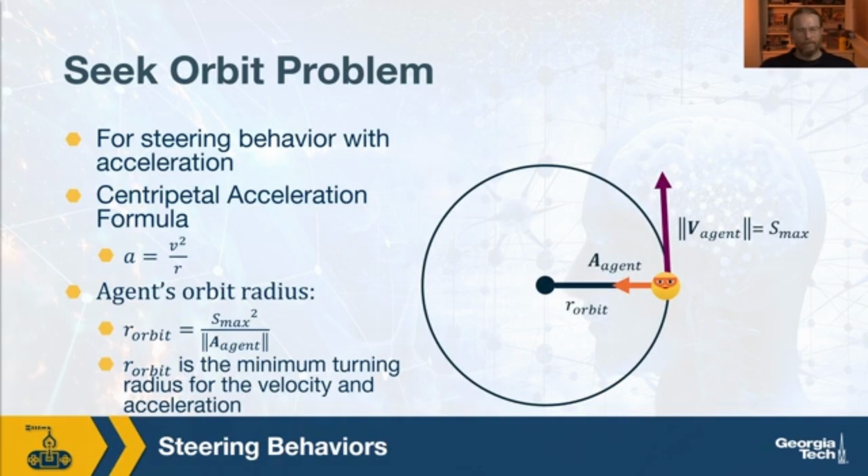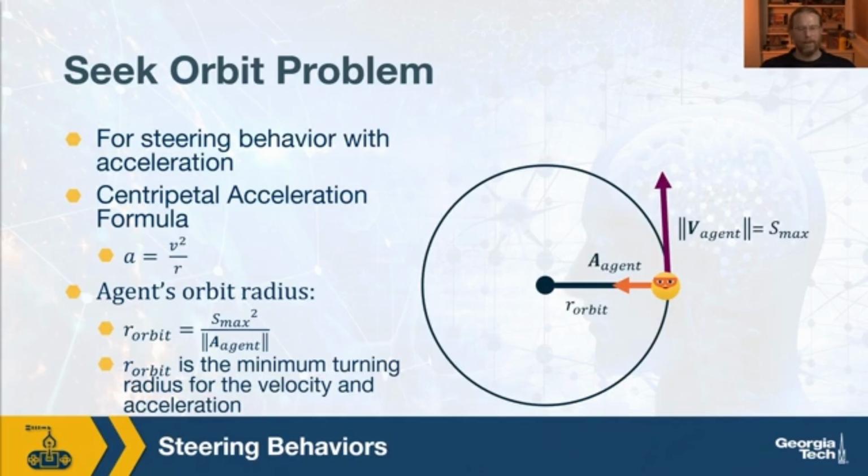And so we can actually characterize this with an equation. We can use a centripetal acceleration formula to determine what this radius is. So in our case, we already know the acceleration because we're simulating it. That's part of the steering behavior algorithm.